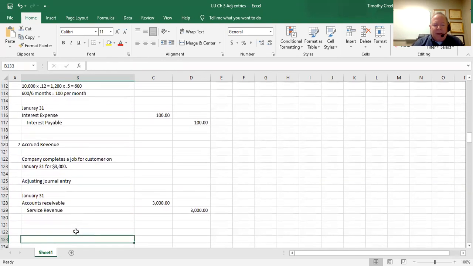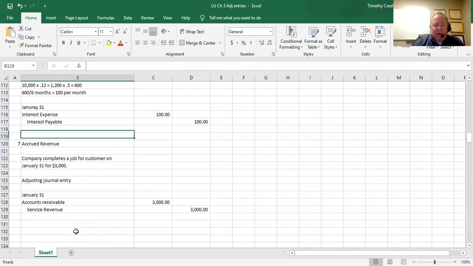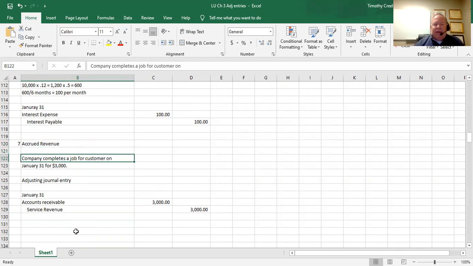Now, the last example, and this is probably the easiest one of all, would be accrued revenue. How accrued revenue works is that typically companies try to complete as many jobs as they can within a period, because once they complete the job, they can recognize the revenue. And so there's a lot of times a rush, and sometimes a job might be completed at 10 o'clock at night on the 31st.